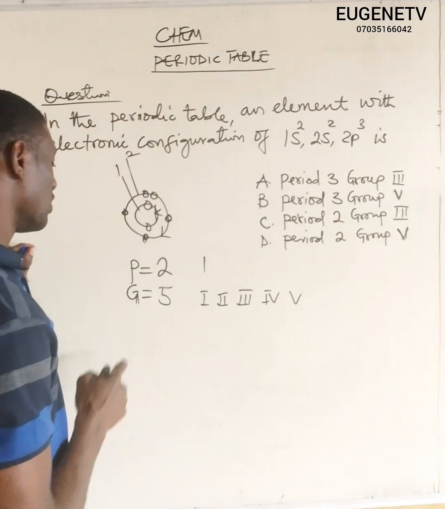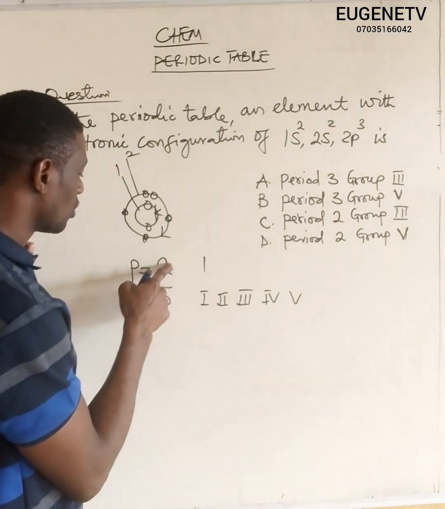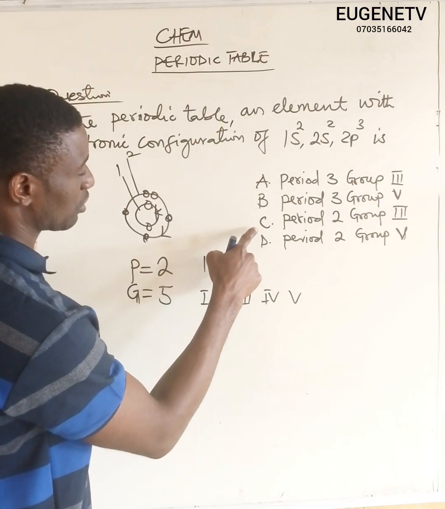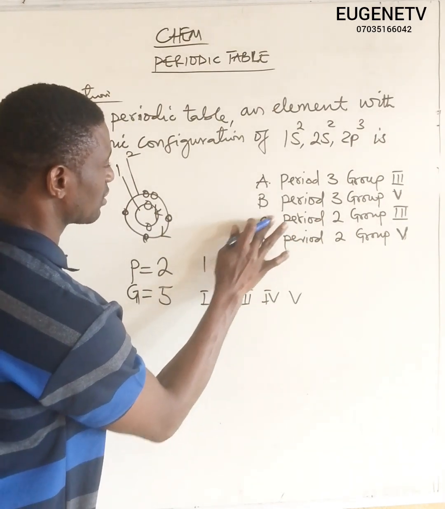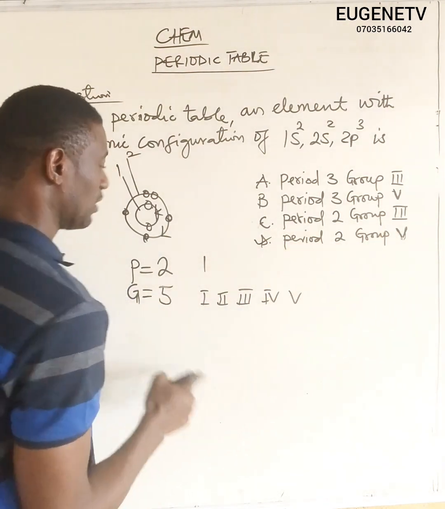So you can see from our explanation, this element must belong to period 2 and group 5, which means that our answer option, sorry, not C, option D is correct. Period 2, group 5.